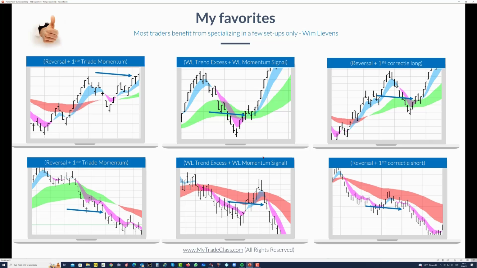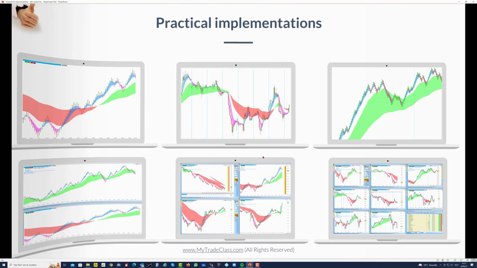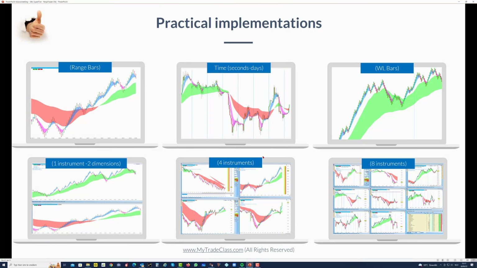But again, I have people only trading the support and resistance areas, and people only trading reversals, and so on. So here, just a few examples. This is something that many people will start recognizing once they have traded a while with this tool.